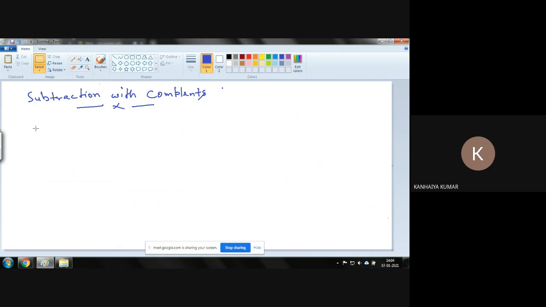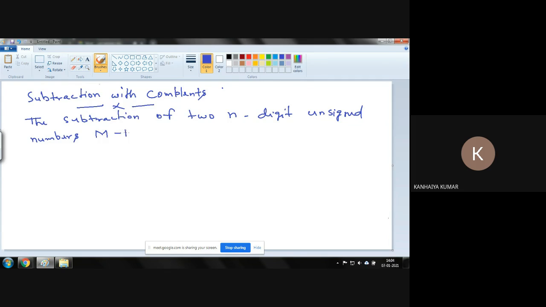So, the subtraction of two n digit unsigned numbers m minus n. Unsigned means all positive numbers.